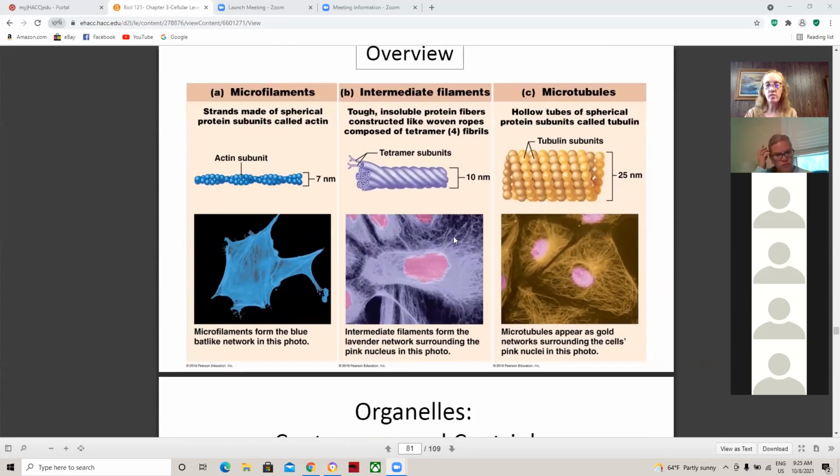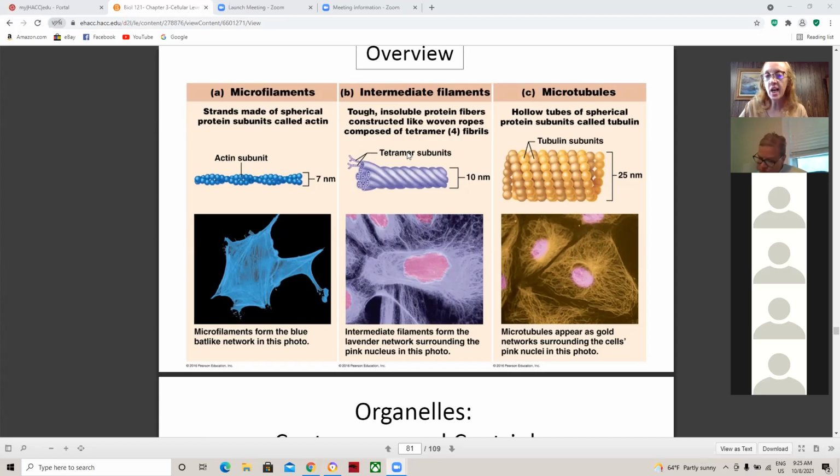Just a basic overview. Microfilaments are made of the subunits actin. They're the ones with the smallest diameter, 7 nanometers. Intermediate filaments are tough, insoluble protein fibers with a diameter of about 10 nanometers.